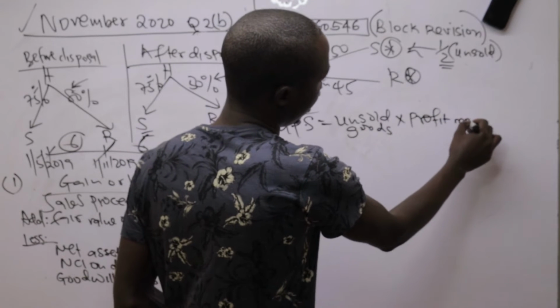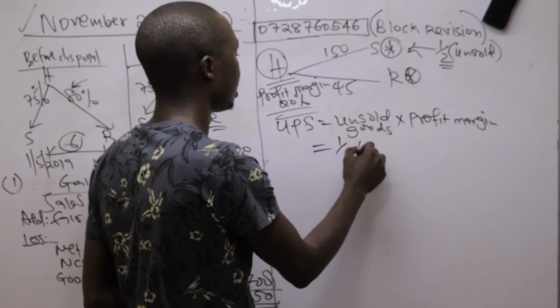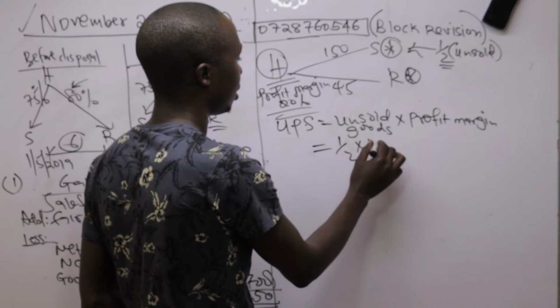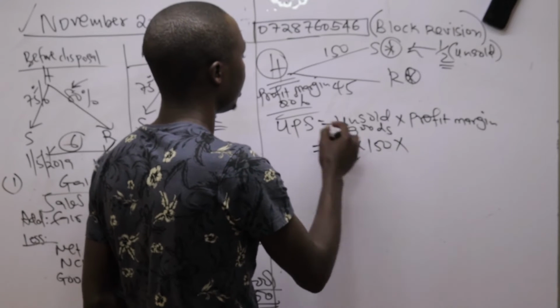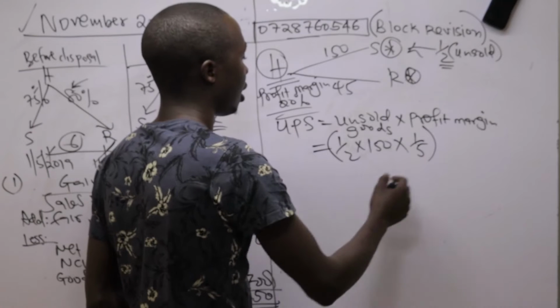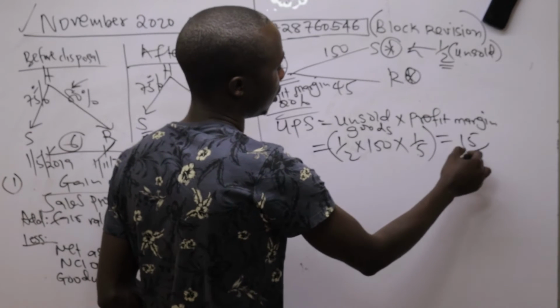Unsold goods is half of the selling price of 150, which is 75, times 20%. In fraction, 20% is a fifth. So this is 10, so this is 15.